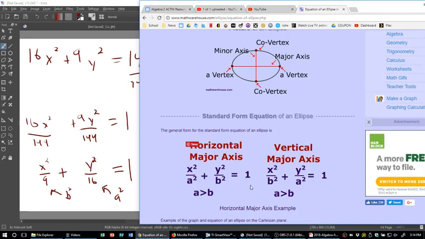So we still need to keep looking at these. If the bigger denominator is under the y-squared stuff, it's a vertical major axis, and that's what we have here. If it had been under the x-squared stuff, then it would be a horizontal major axis.